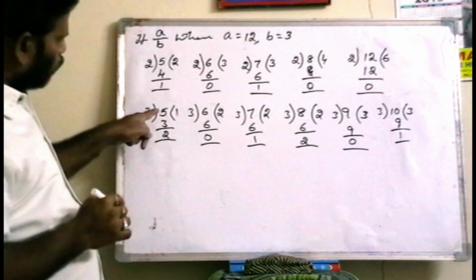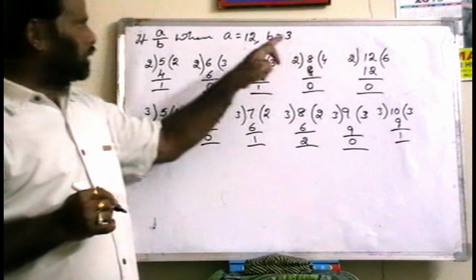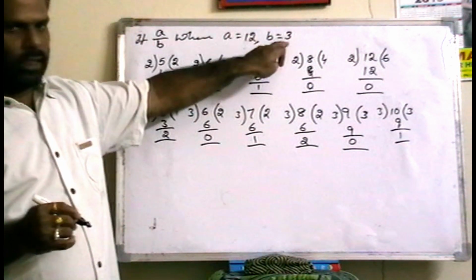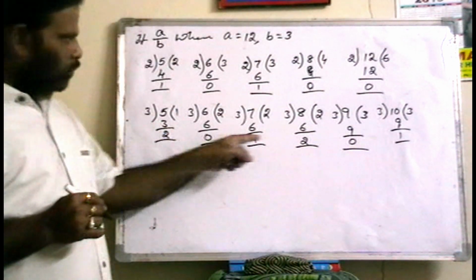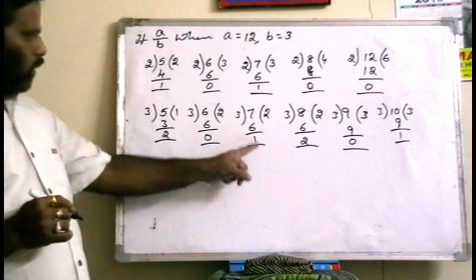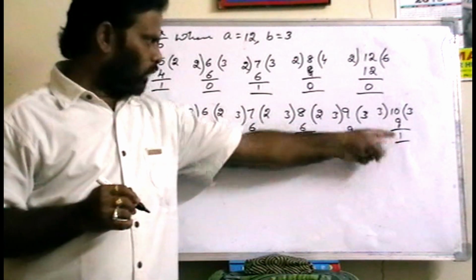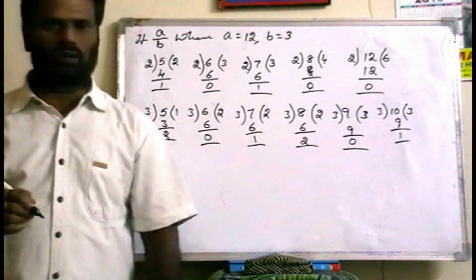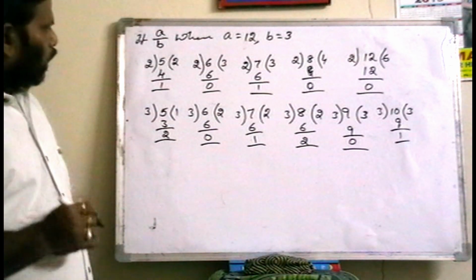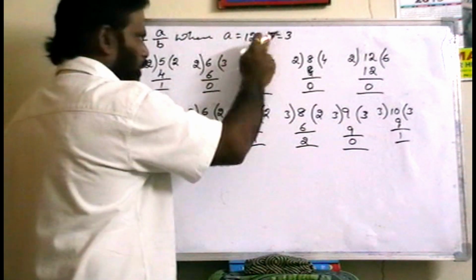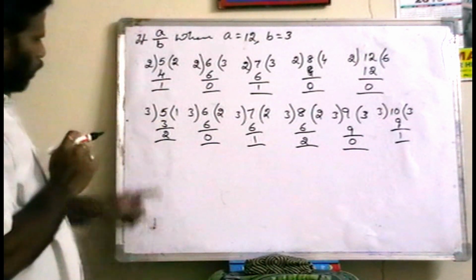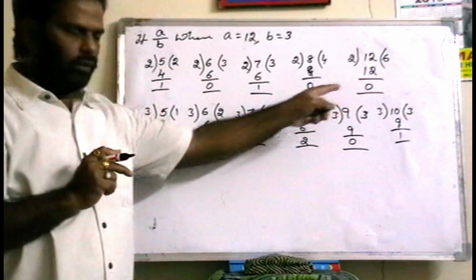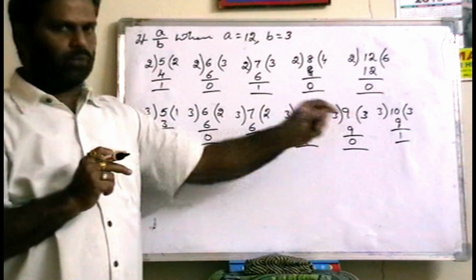So finally, if any positive integer is divided by 3, we'll get the remainders either 0, 1, 2, only 0, 1, 2 are there. If any positive integer is divided by 2, we'll get the remainders only 0 and 1. Any positive integer divided by 3, we'll get the remainders only 0, 1, 2.